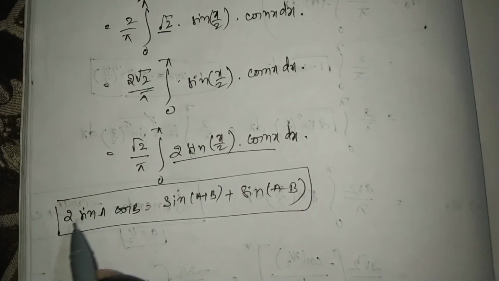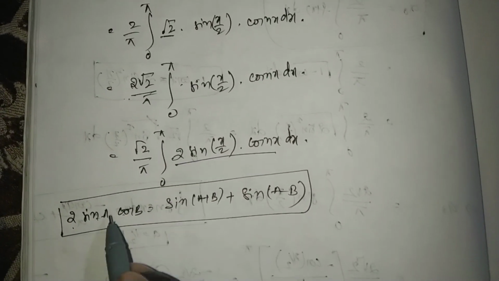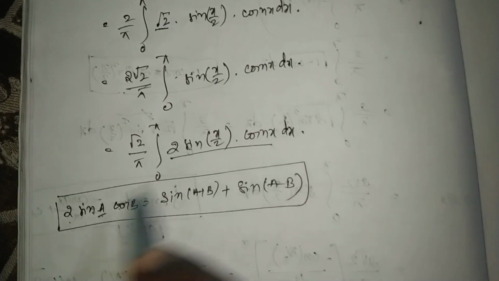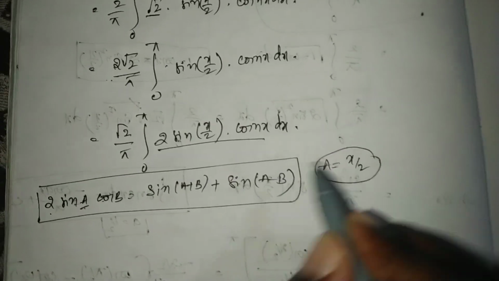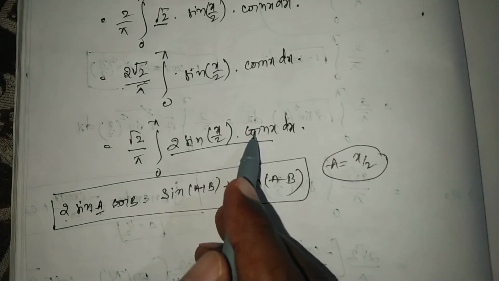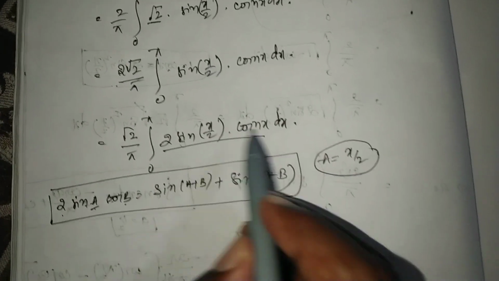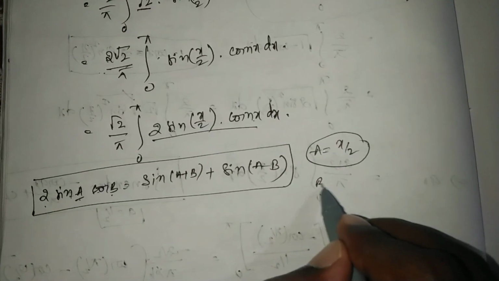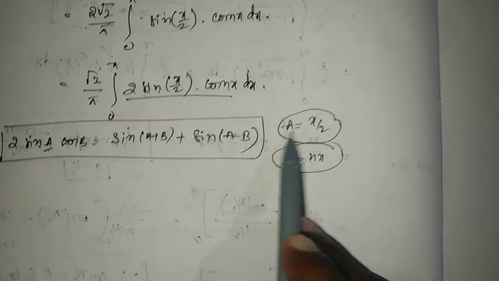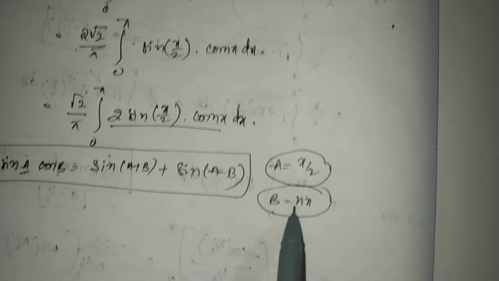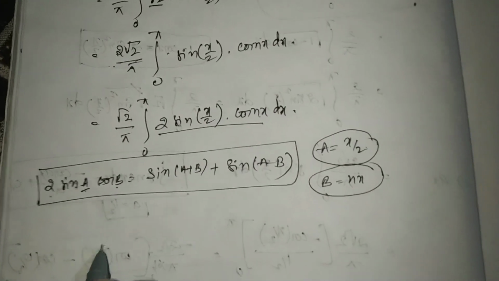If we compare these two, here is 2, here also 2. Sine here is a, in the formula we have a, here it is x/2, so a is equal to x/2. Cos, here also cos, in the formula we have b, here it is nx, so b is equal to nx.